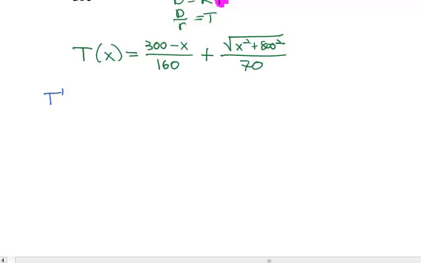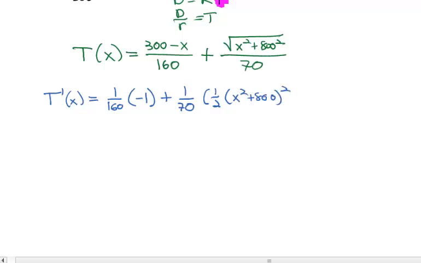T prime of x is equal to, that 160 in the denominator is a constant, so I'm going to pull that out front. 1/160 times the derivative of the numerator, which is just -1, plus that denominator of 70 is just a constant, so I'm going to bring it out front, times, we think about square roots as a fraction, 1/2 exponent, so we have 1/2 times x squared plus 800 squared.